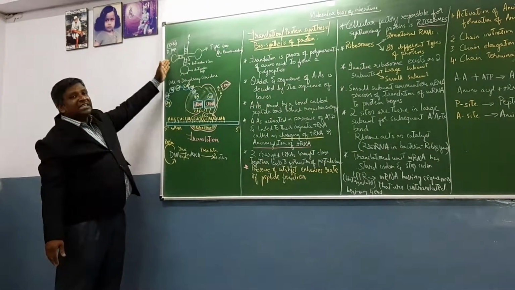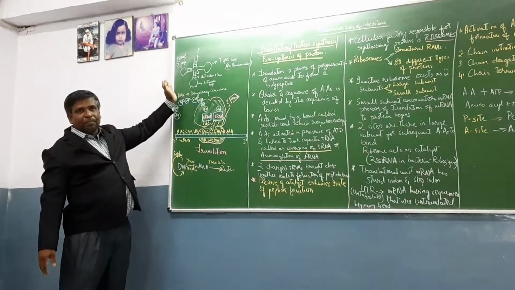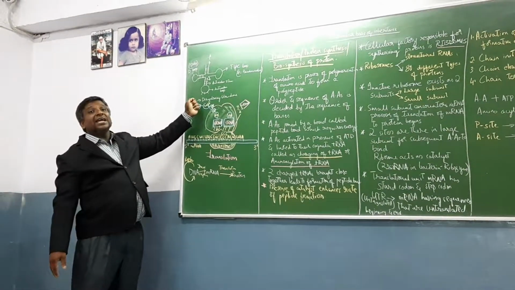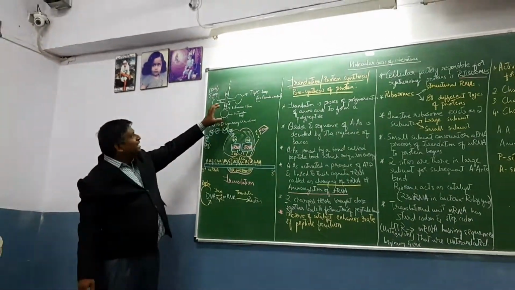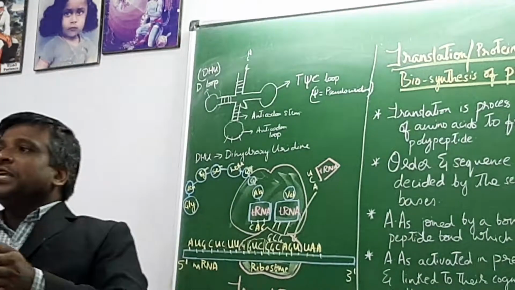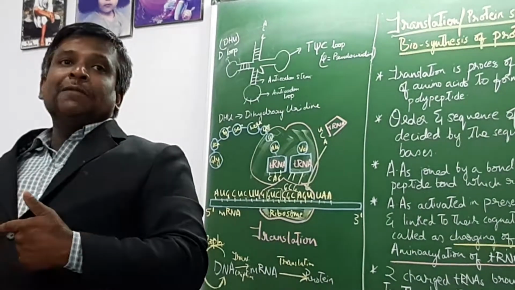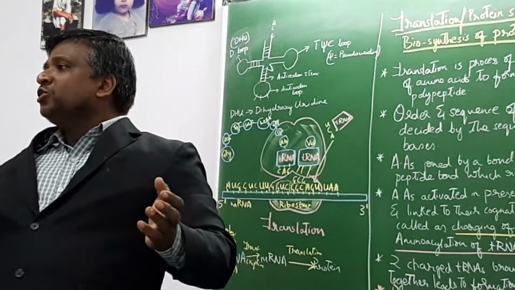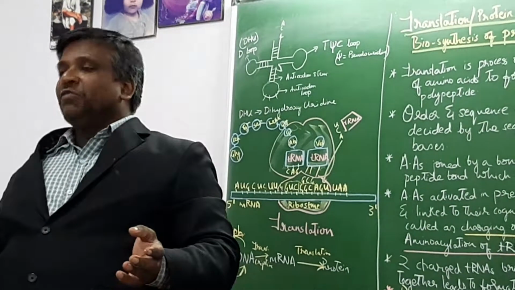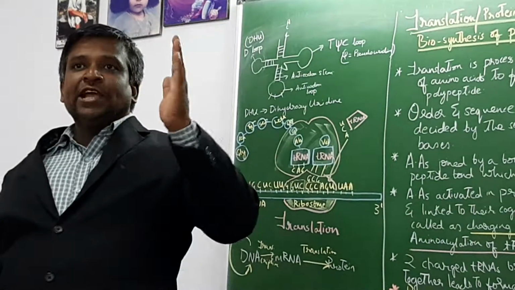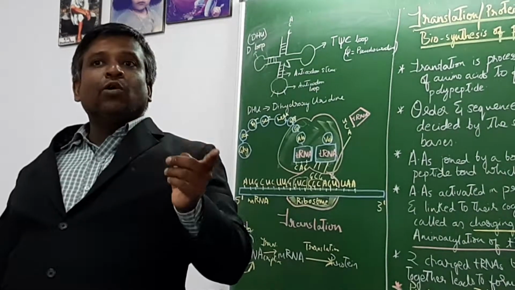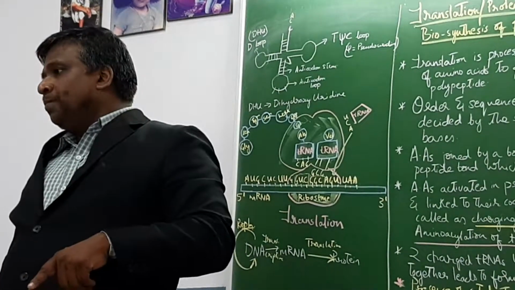Towards the right side you have the T loop, which is also called the dihydrouridine loop. In the tRNA you find that at certain places they are double stranded because there is base pairing. At certain places they are not base paired, so we call them loops. Whenever we say anticodon arm, it has an anticodon stem and anticodon loop.